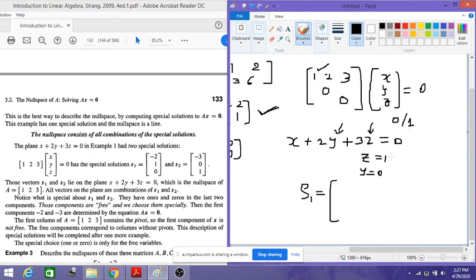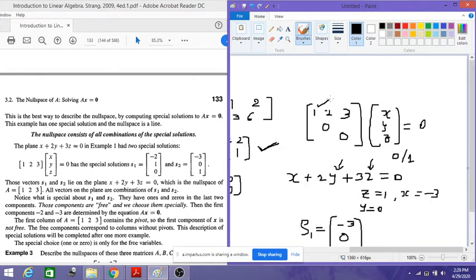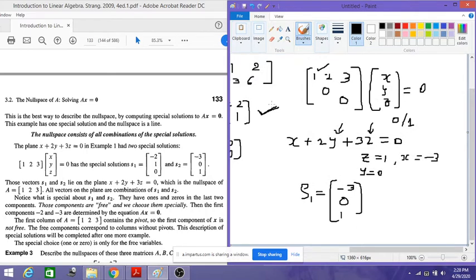Therefore, from this I'll get x is equal to minus 3. Now if I write all these values on the right side, this is my solution. I got my unknowns x is equal to minus 3, y is 0, and z is 1. So this is one solution. The other solution is that I can write here, so I'll just move this entire thing up.